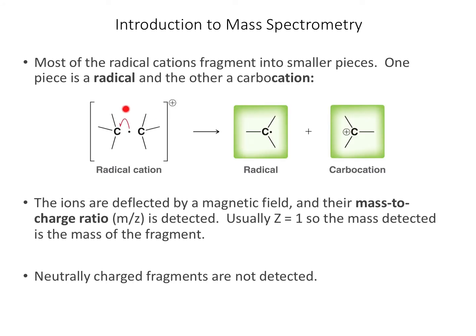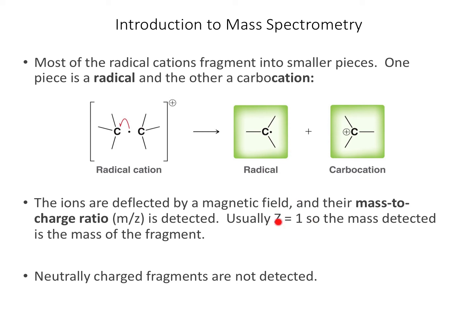Right, so this radical cation that we form after bombarding our molecule by electrons is relatively unstable. And so it generally falls apart into a neutral radical and a carbocation. And what we actually measure is the mass to charge ratio of the carbocation fragments that we're able to detect.